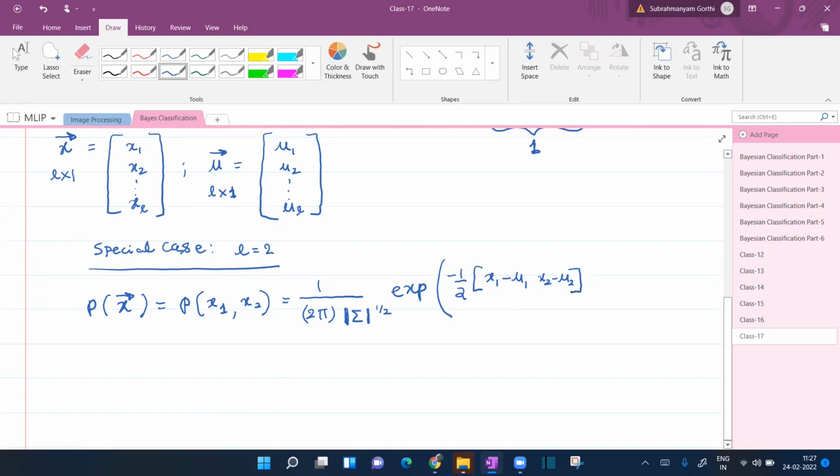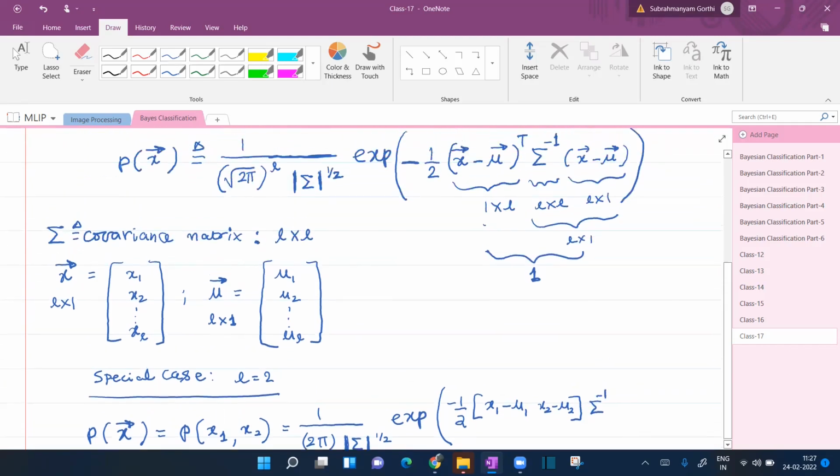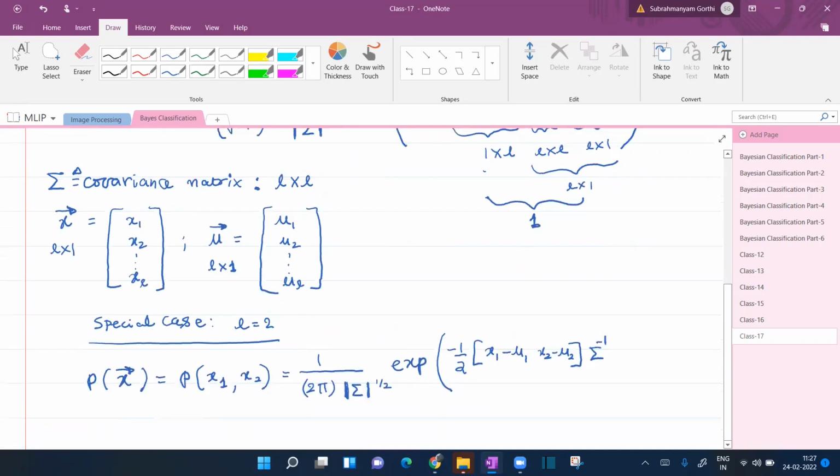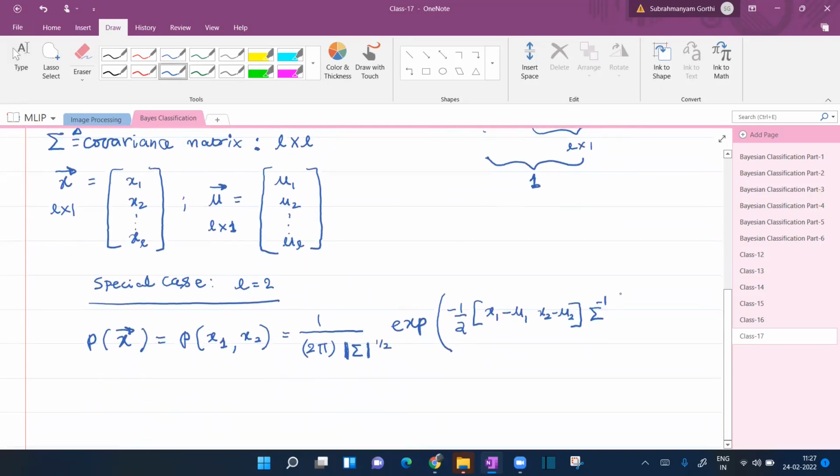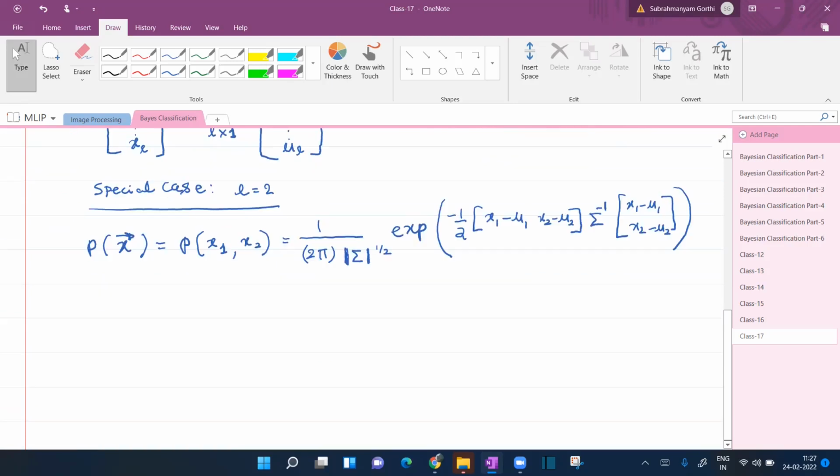Hope you all agree with that. Then the inverse of that, I will expand a little later. Then all I have is x bar minus mu bar, 2 cross 1, so I would write it as x1 minus mu1, x2 minus mu2. This whole exponential. Hope you are fine with that.